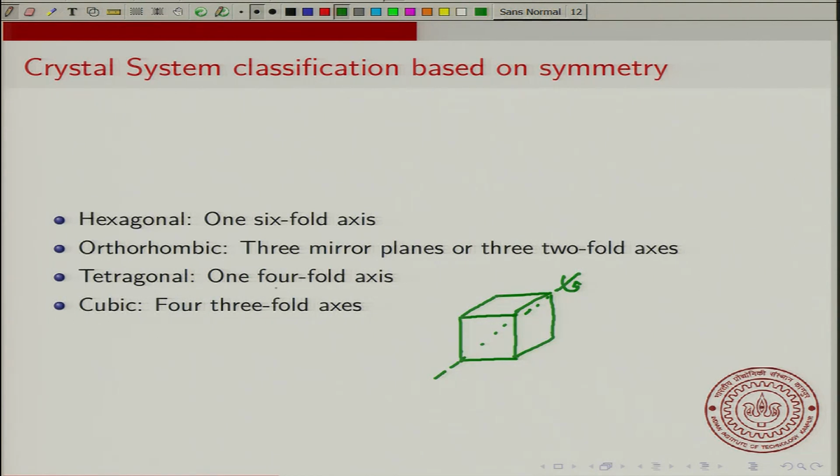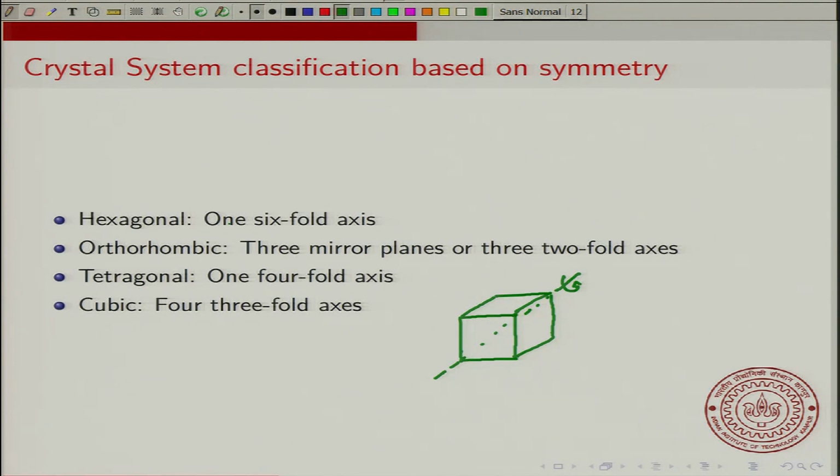Similarly, the essential symmetry for the tetragonal system is that it should have one four-fold axis. Any system that has a four-fold axis can be a tetragonal system. So what you see is that cubic is the highest symmetry. It has four three-fold axes. Then you keep lowering the symmetry. Hexagonal has a six-fold axis, which is slightly different from the others.